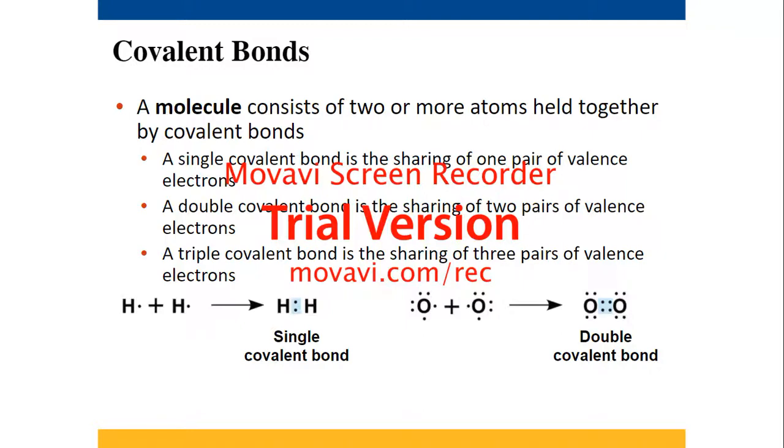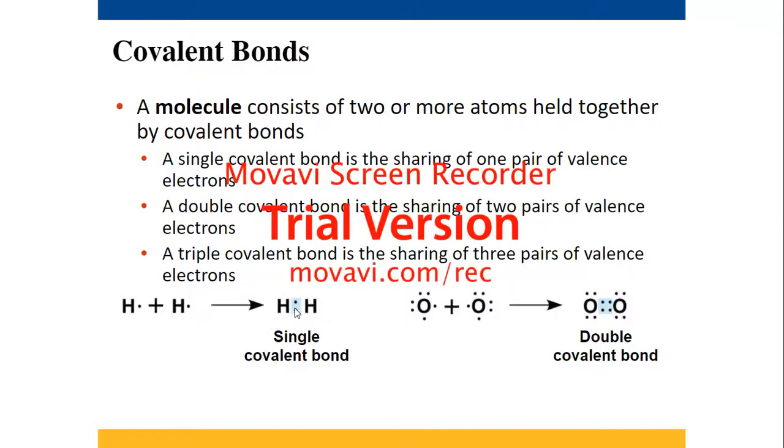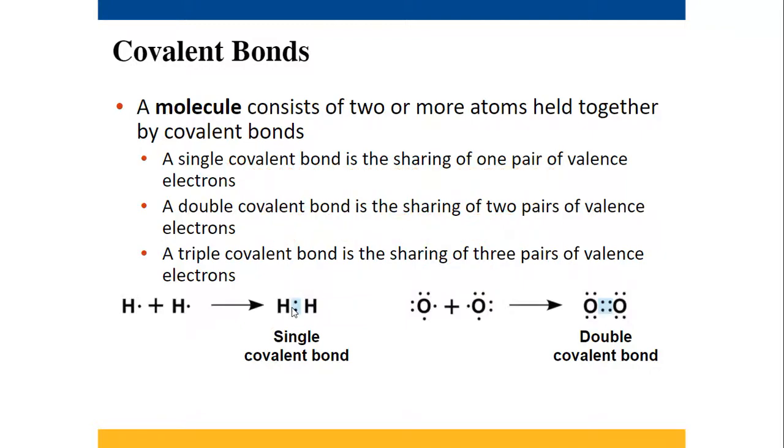So they're going to share. If you look right here, H2, and you count how many valence electrons, that's 1, 2, and you count 2 for both. Even though it's in the middle, you count it as 2 for each hydrogen. So each hydrogen now has 2 electrons, and for hydrogen's orbital, that is a full set, and so hydrogen is happy like that.